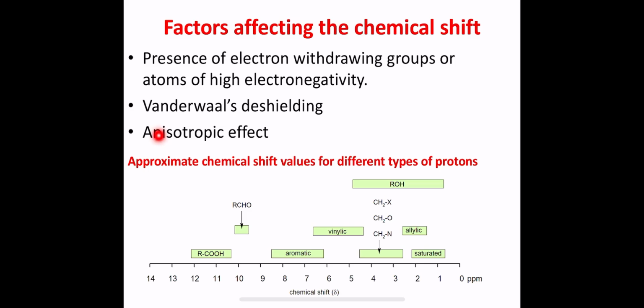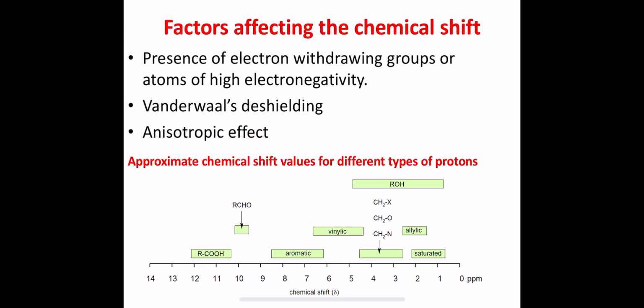Another important factor which affects the chemical shift is the anisotropic effect. This is found in organic compounds, especially those which contain carbon-carbon pi bonds. The pi electrons are less tightly held by the nuclei compared to the sigma bonded electrons. Hence, they move freely in response to the applied magnetic field. When the applied magnetic field is increased, the electrons move in a circular path.